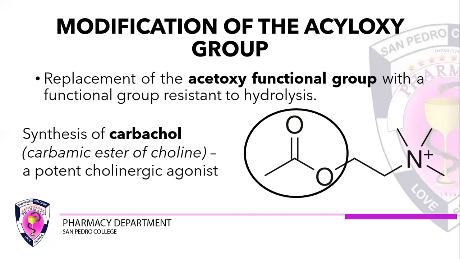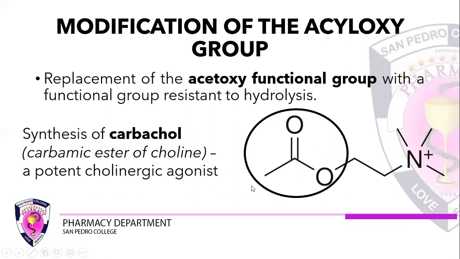Kasi ang problem with acetylcholine itself, dili siya pwede i-oral, kay easily siya degraded. So kapag i-change siya with another type of compound, possible na ang kanyang oral bioavailability is better compared to the prototypical structure.